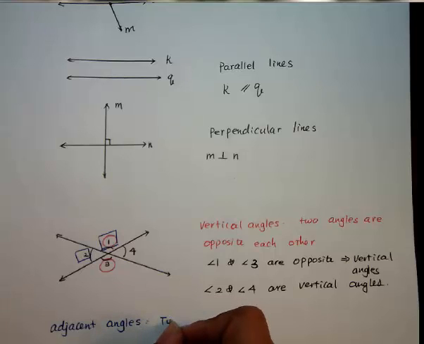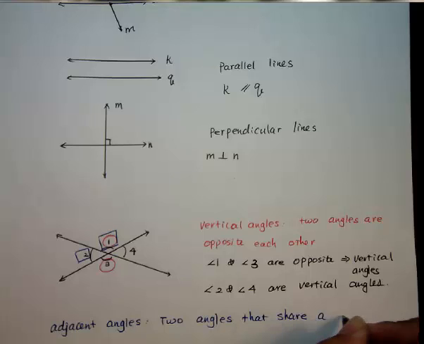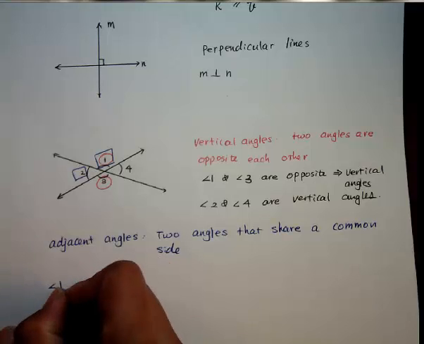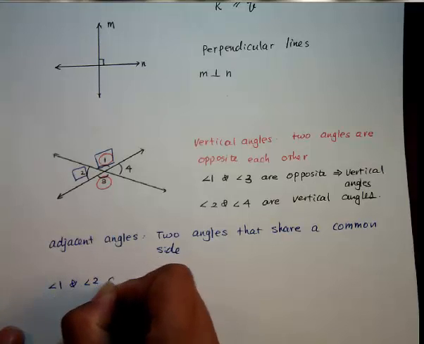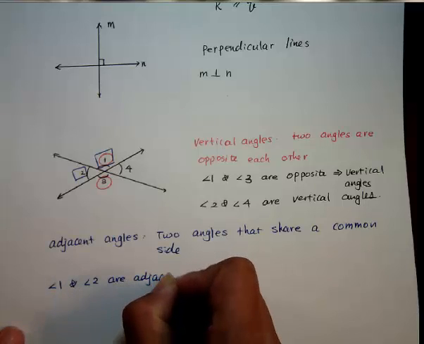That means two angles that share a common side are called adjacent angles. In our case here, angle 1 and angle 2 are adjacent angles.